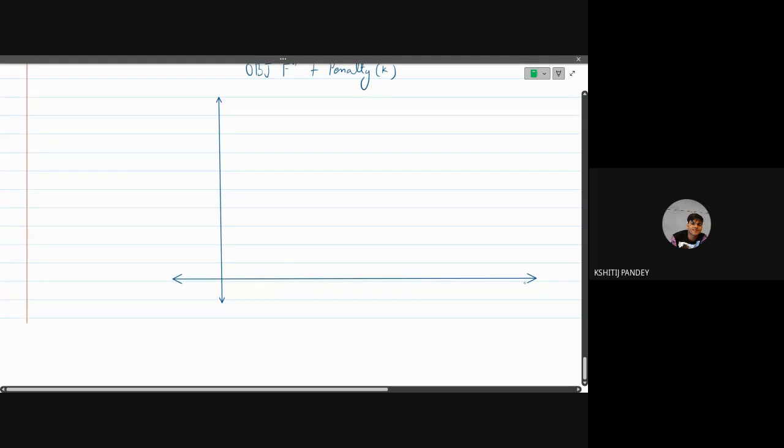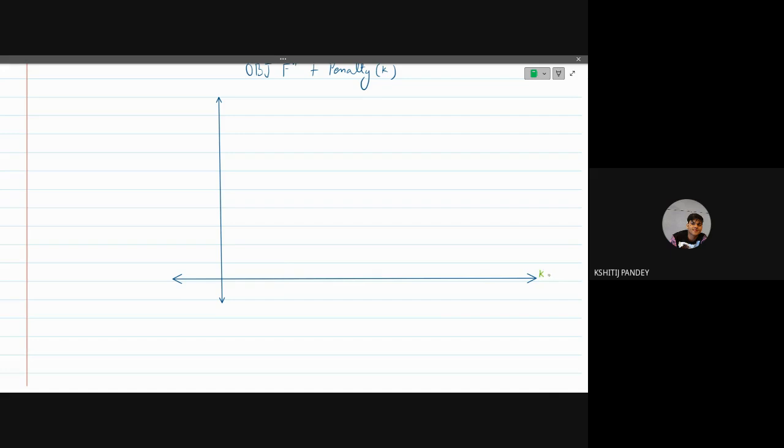This axis is for k, and this axis is for objective function plus your penalty. Larger the value of k, smaller the value of objective function.